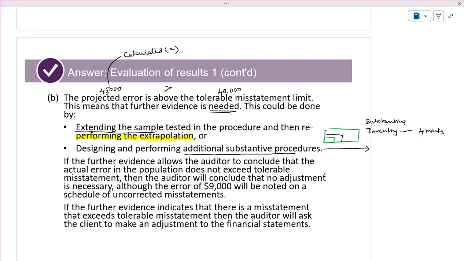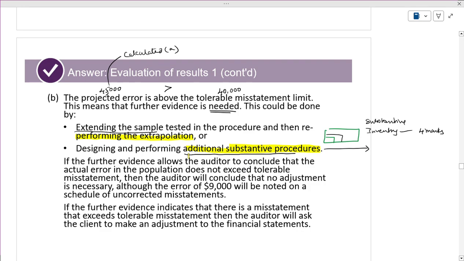If the projected error is above the tolerable limit, then we have to do additional substantive procedures. You should not mention what additional substantive procedures we are going to do. Understand? You should not mention.